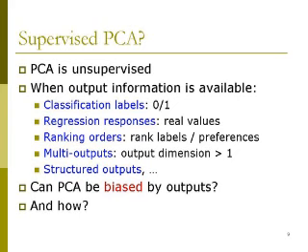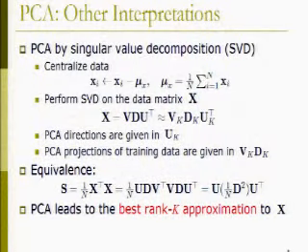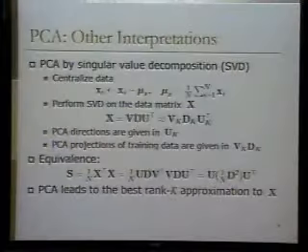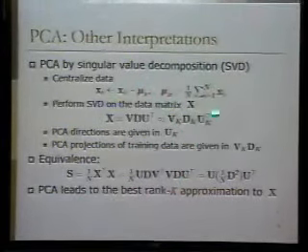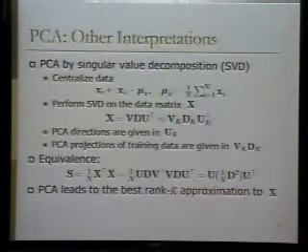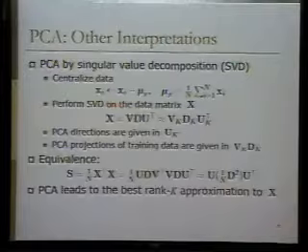So how do we do supervised PCA? PCA is very nice, but it's unsupervised. When you subtract the mean, you've made a sparse matrix, in the case of text at least, really dense? Yeah, that's correct. If the mean is non-zero, then you make the sparse matrix dense.